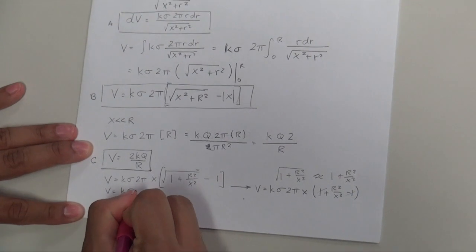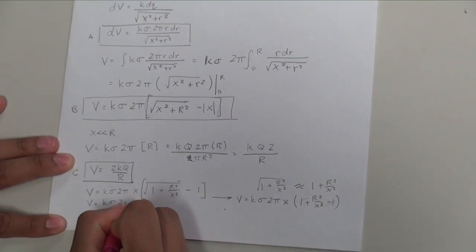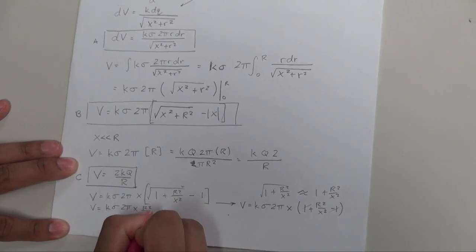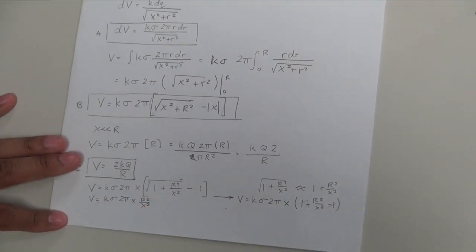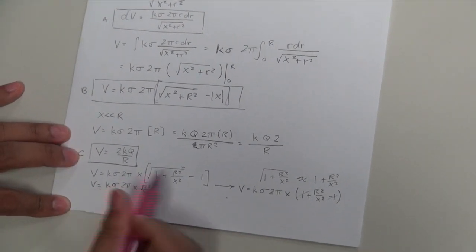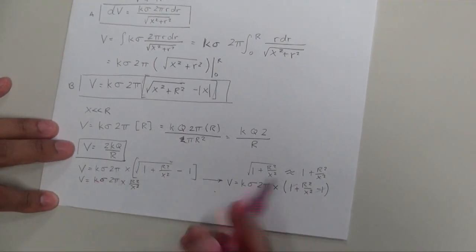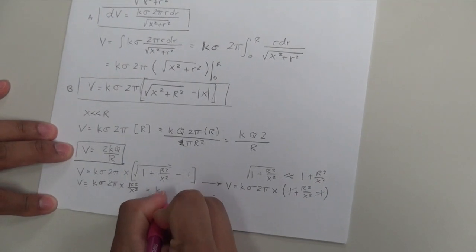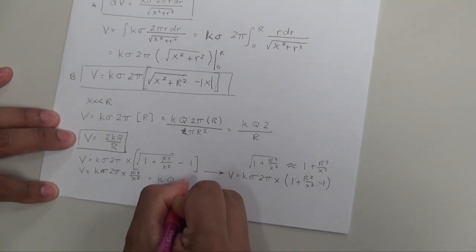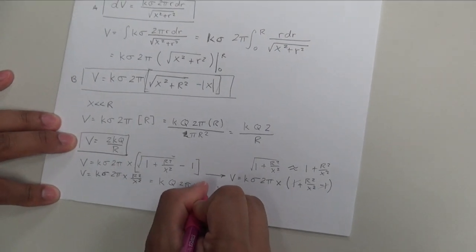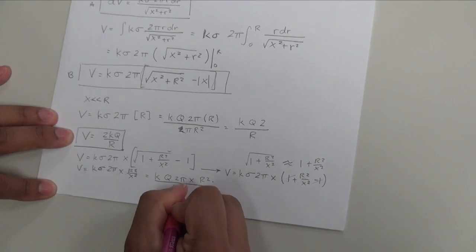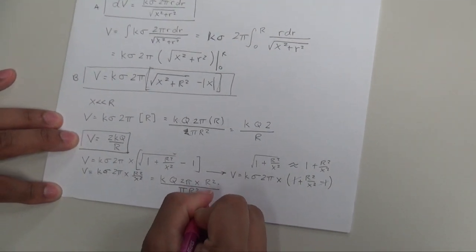It's going to be k sigma 2 pi x r squared divided by x squared. Now remember, sigma equals q divided by pi r squared. So let's just plug that in. It's going to be q 2 pi x r squared divided by pi r squared x squared.